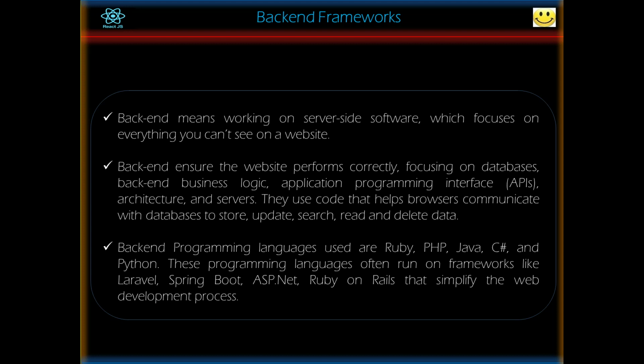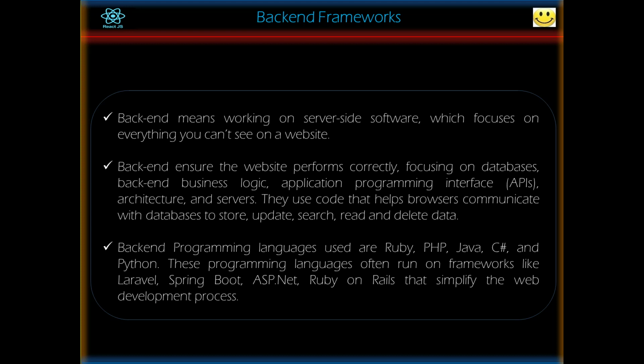Backend frameworks. Backend means working on server-side software, which focuses on everything you can't see on a website. Backend ensures the website performs correctly, focusing on database, backend business logic, application programming interface, architecture, and servers.